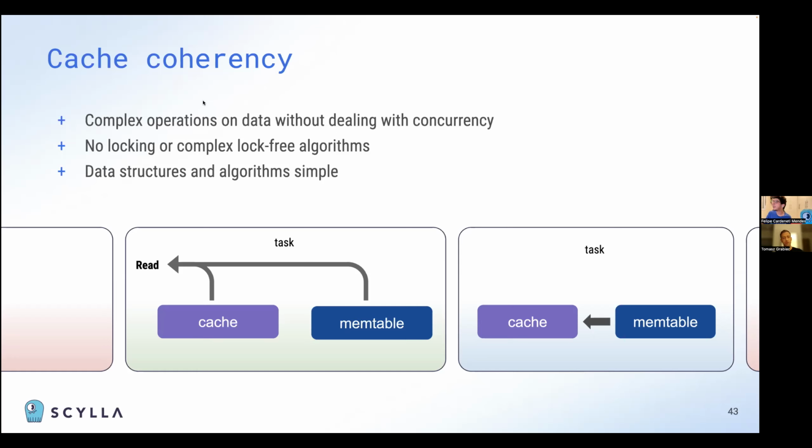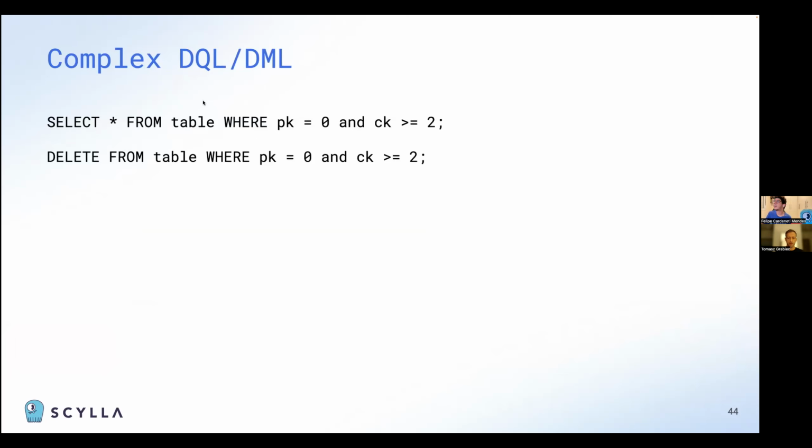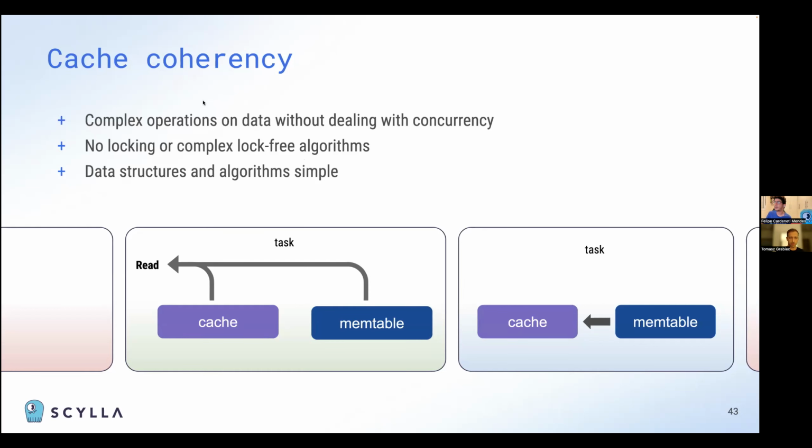They don't have to be riddled with locks or prepared for lock-free algorithms, which you would normally do in a multi-threaded environment. And one thing to note here is that this is possible also because we have collocation of cache and the replica. So everything happens within a single CPU. Otherwise, it wouldn't be possible.